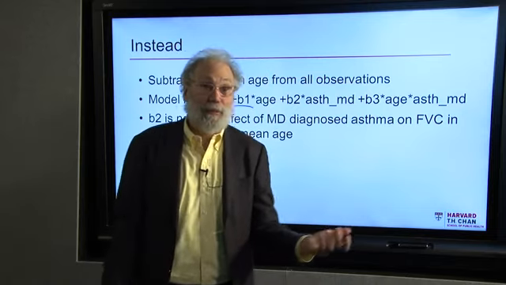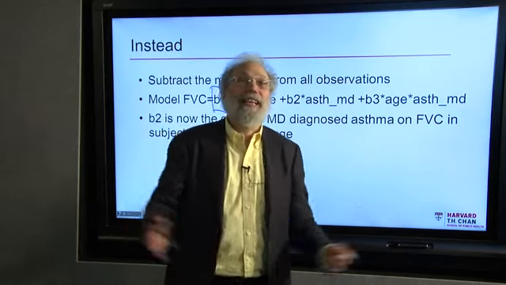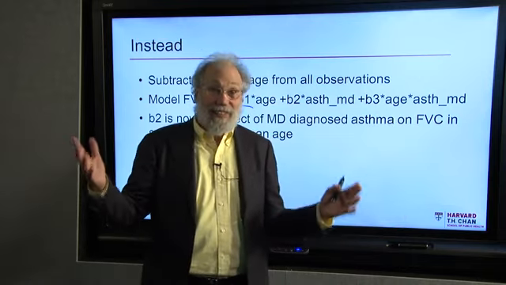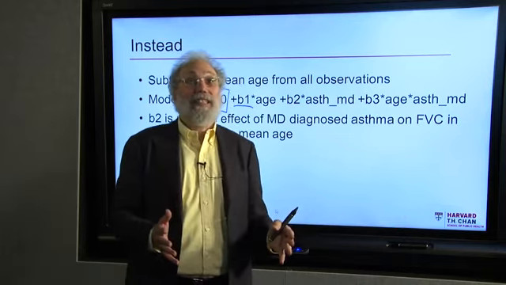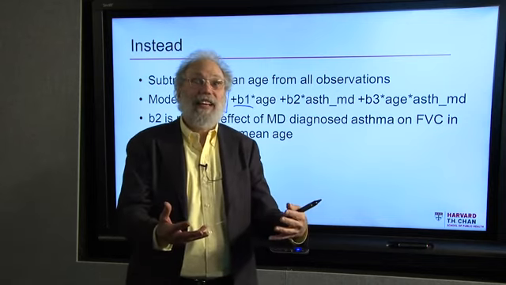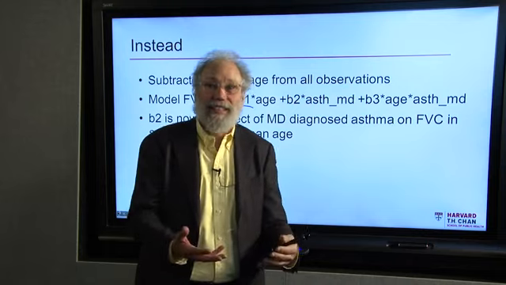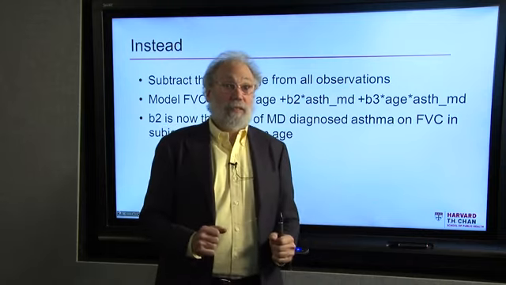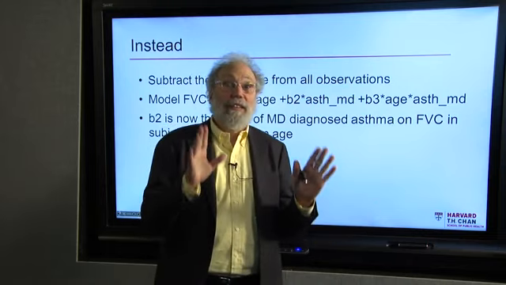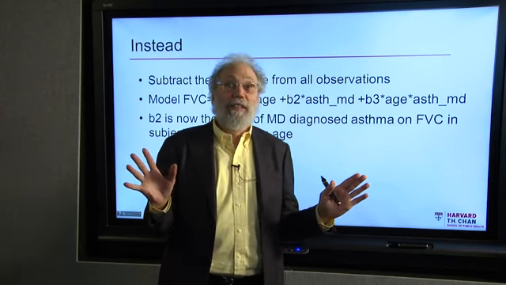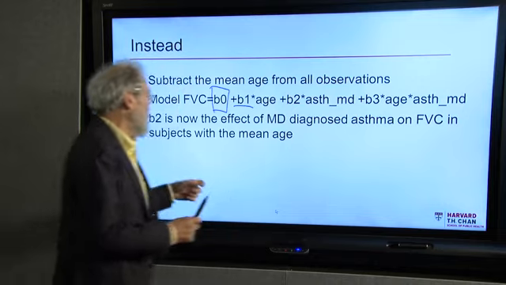And that is interpretable. So I don't know what the average age is. Let's say it's 14, right? Okay, B2 tells you what's the effect of being an asthmatic on lung function if you're 14, not 0. Okay, so now all of my coefficients are interpretable, and that's a better deal.